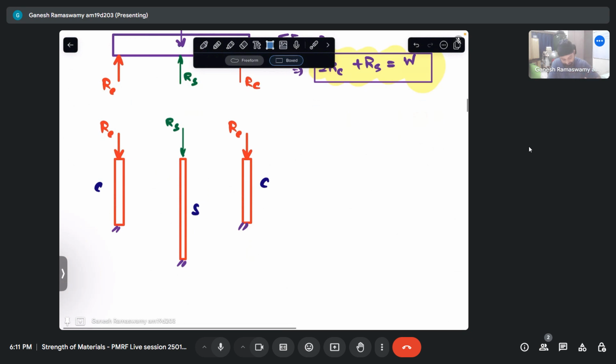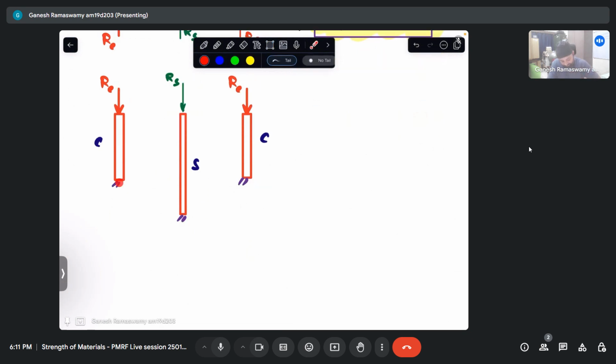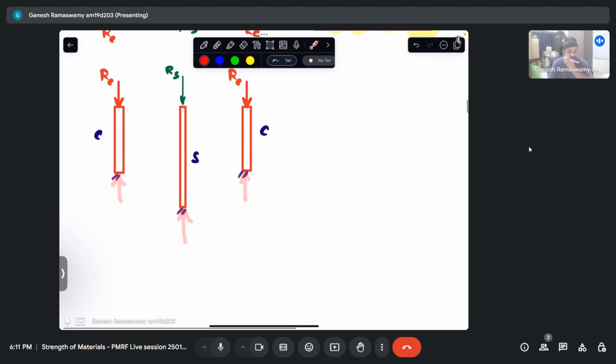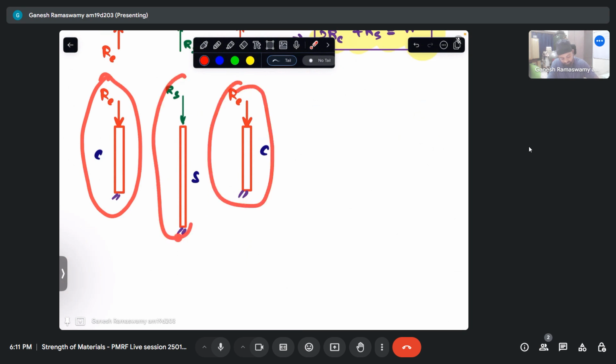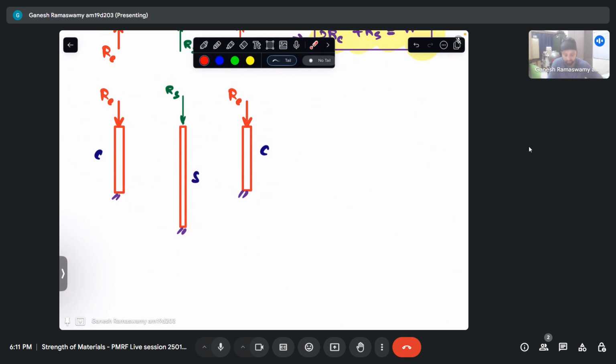Naturally, this is also in equilibrium, so it is very easy to see that the reactions mobilized at the bottom of these rods will also be of equal magnitude Rc. Hence, it is easy to see that each and every rod is in compression, and the edge rods, namely this one as well as this one, are undergoing a compression of Rc kilonewton, and the middle one is undergoing a compression of Rs.